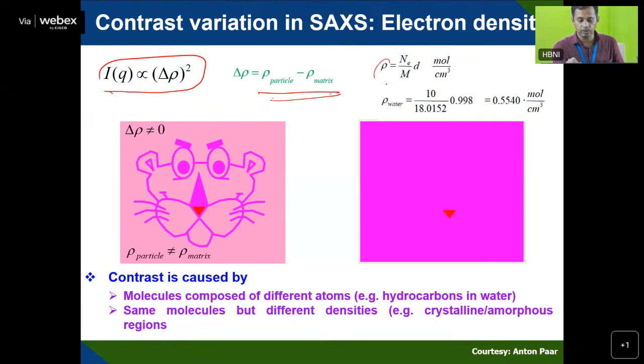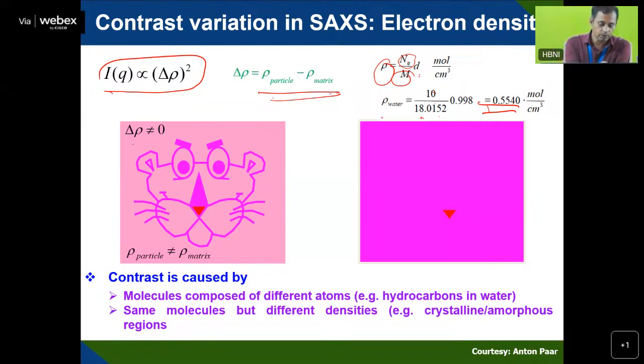You can calculate rho equal to the number of electrons times density divided by molecular weight. For water, H2O, you have 10 electrons divided by the molecular weight 18.0152, times the density. You can calculate the electron density of water.